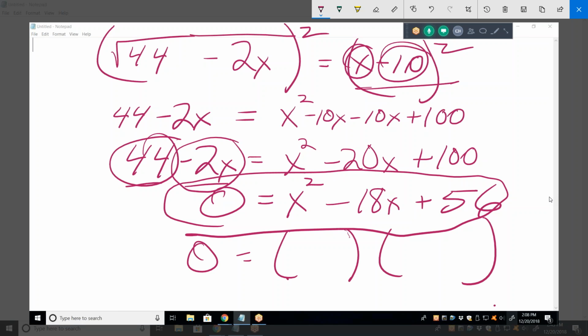Take your time, do it slowly the way I've taught you. Step 1. Step 2. Step 3. It's not 8 and 7, first of all, but let's look at the number 56. Factor that.